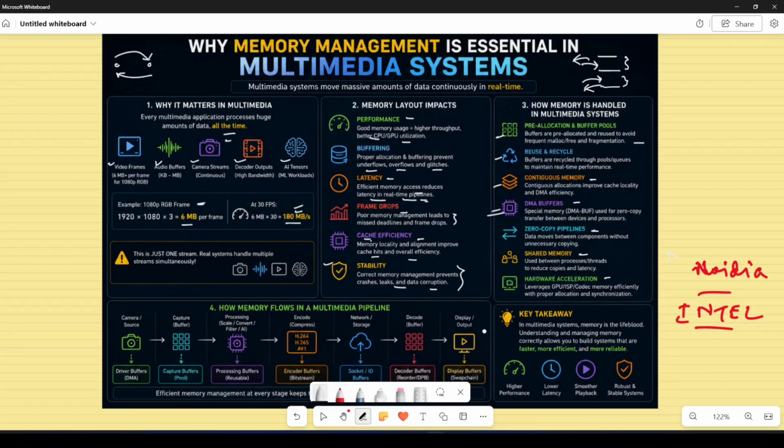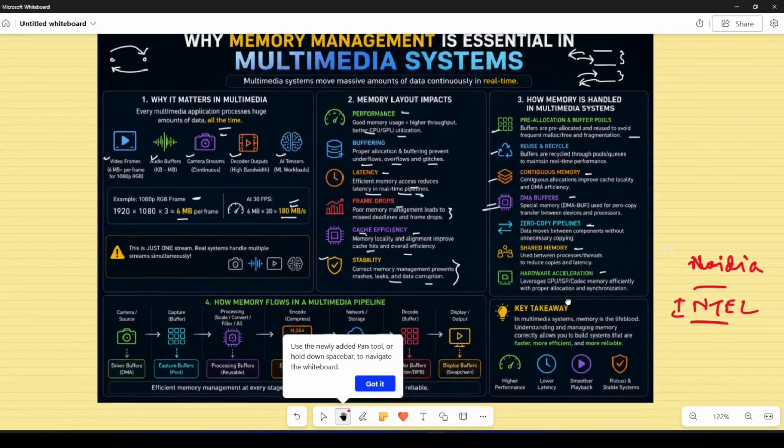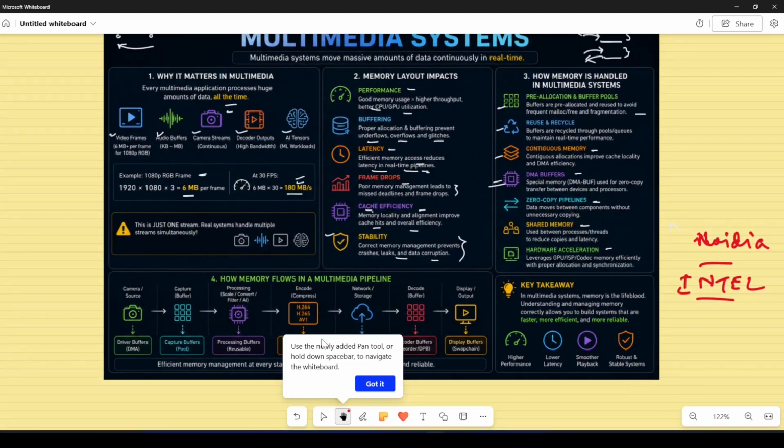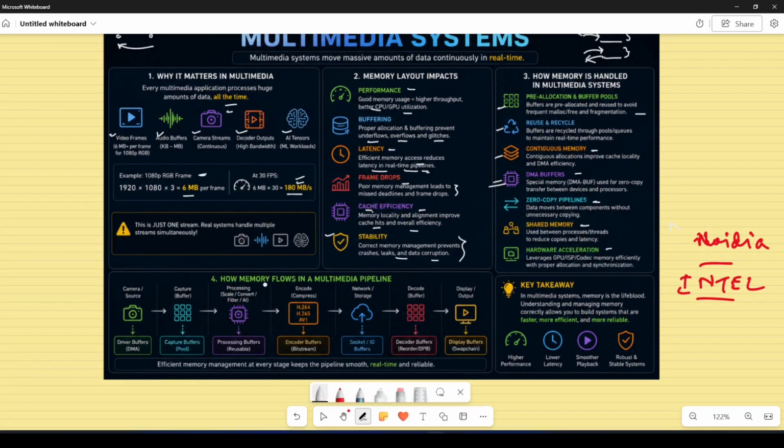So if I talk about the memory flow in the multimedia pipeline, you can see there are different components. This is all a little advanced topic as of now to discuss, but you can see this camera source, capture buffers, processing buffers, encoder buffers, socket, decoder, display.